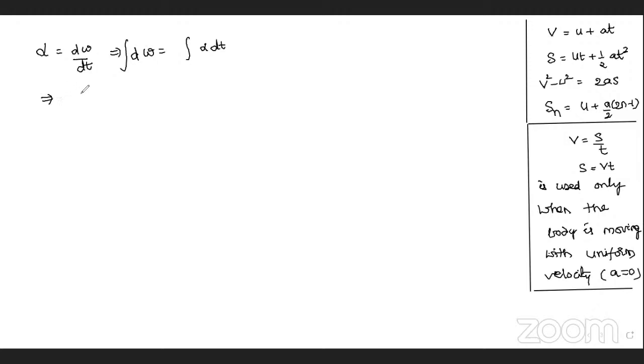That implies omega within the limits omega naught to omega equals, since in uniform angular acceleration alpha is constant, taken out, integral dt, that is alpha t, in the limits 0 to t. Here we will get omega minus omega naught. That implies omega equals omega naught plus alpha t.